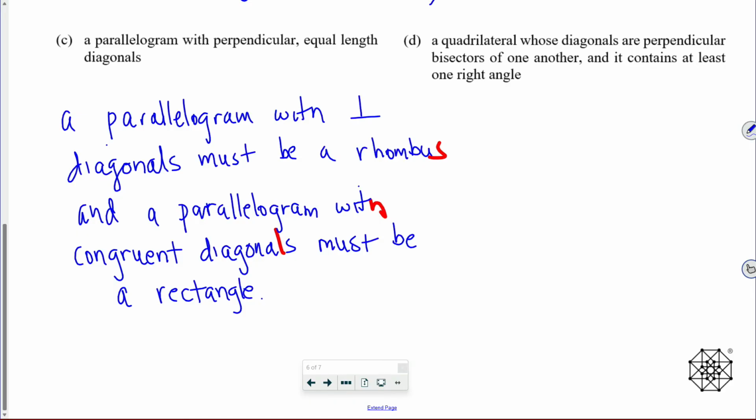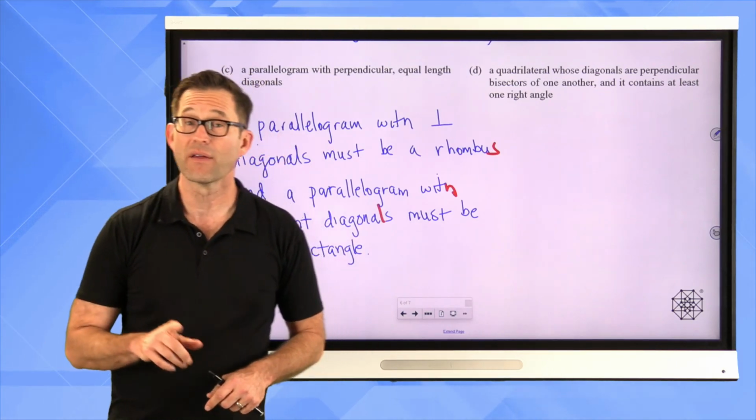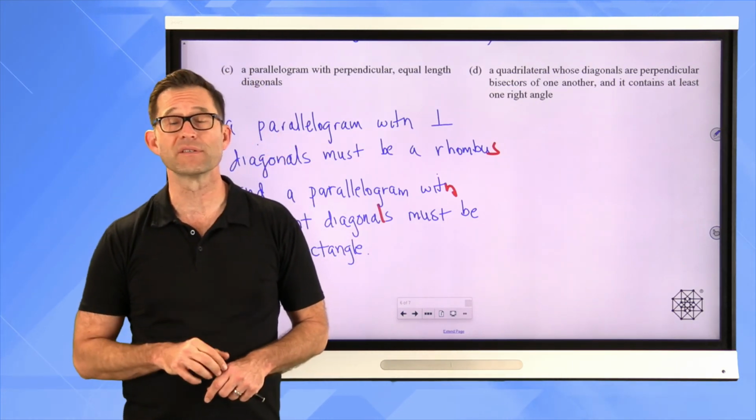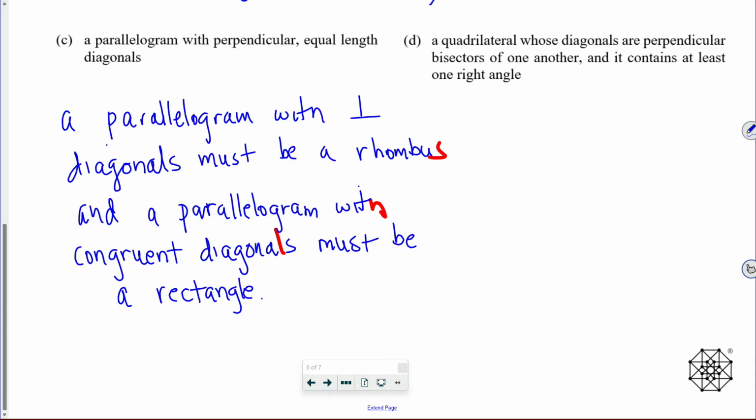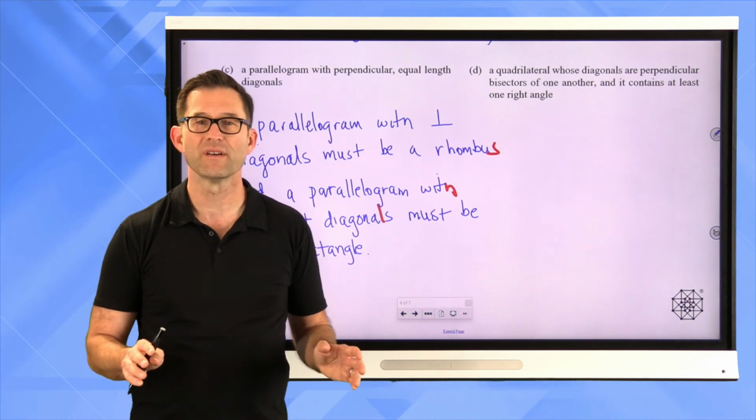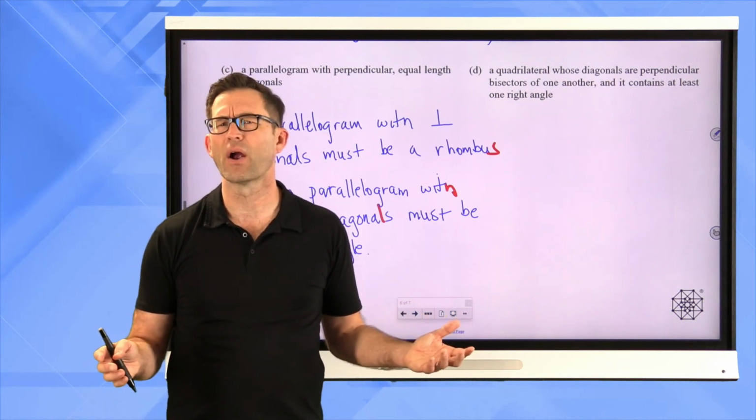A quadrilateral, now we're back to quadrilaterals, whose diagonals are perpendicular bisectors of one another, and it contains at least one right angle. Okay, all right, so now this one's a little bit trickier. I want you to think about this a bit, and then we'll get it all down. All right, well first, let's get it to be a parallelogram.